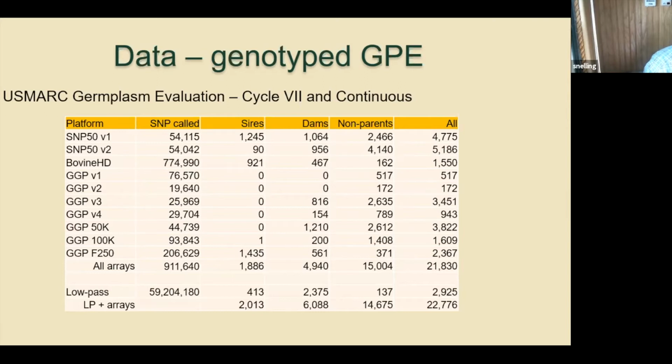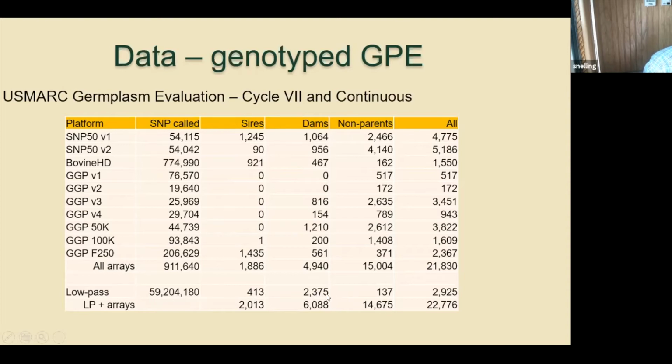And we also had low pass sequence on about 3,000 animals. Half of those were also genotyped with an array, and half just have the low pass. In that run of the low pass, we got genotypes for about 60 million variants.